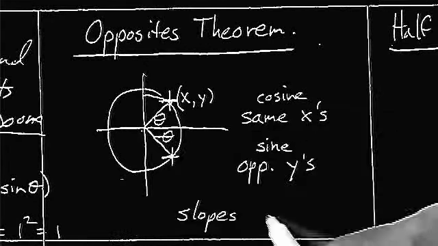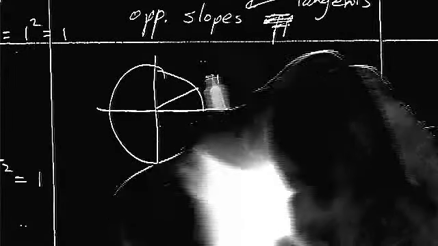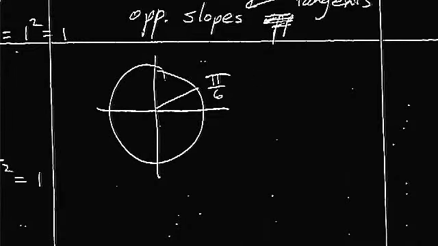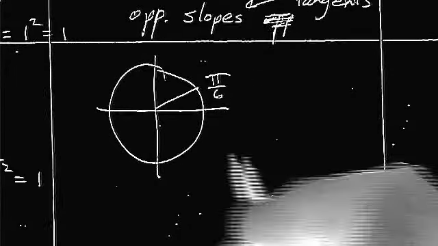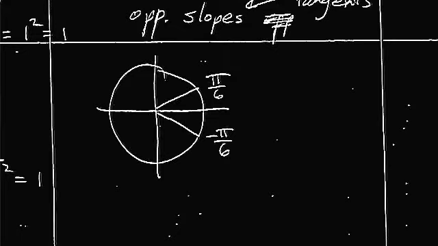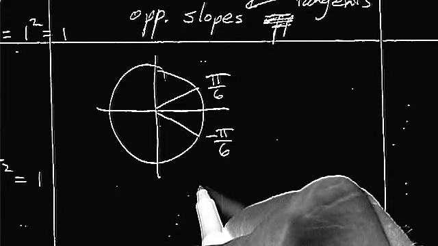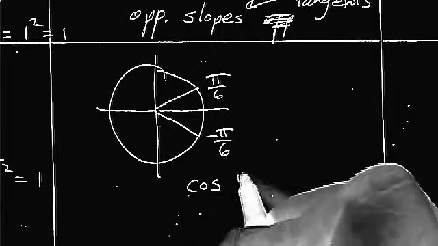So if we had something like this, let's give a pi over 6. The opposite angle for that would be negative pi over 6, right? The cosine of pi over 6.